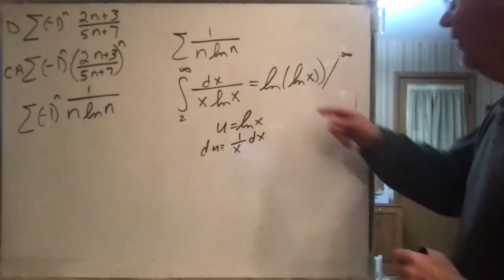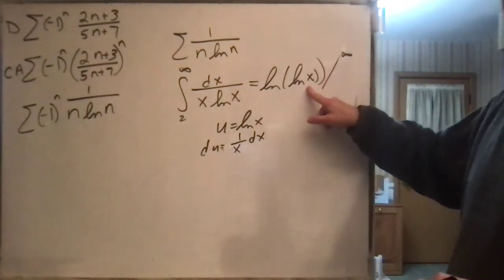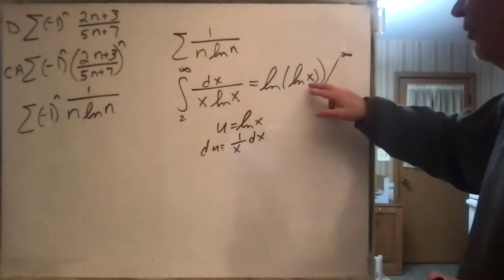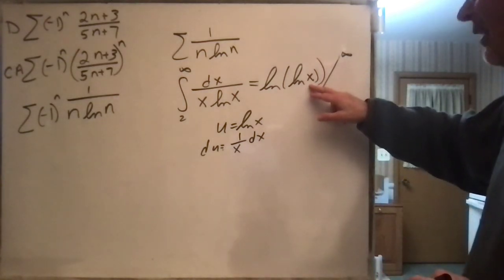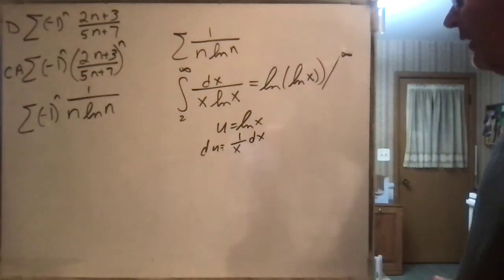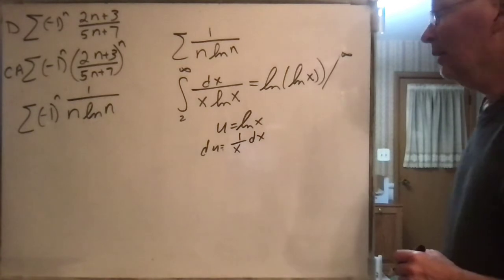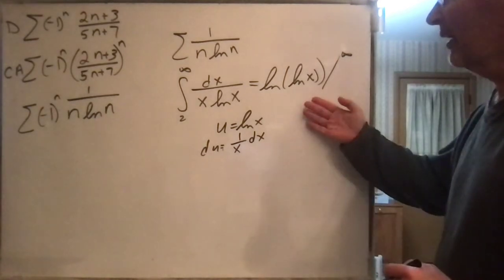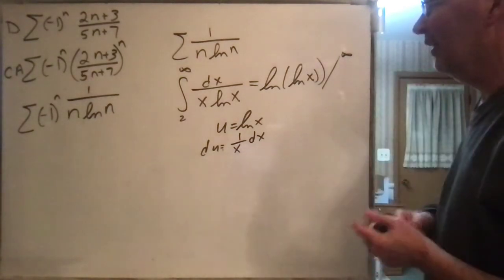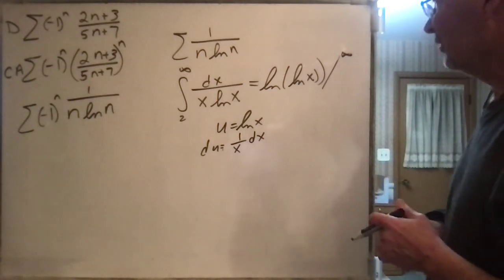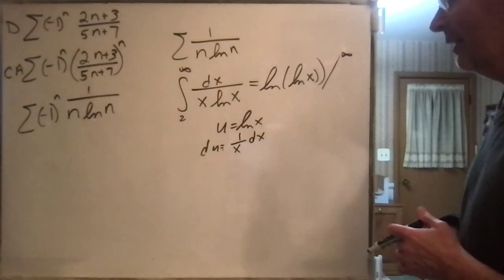You go off to infinity, and that thing is going to go to infinity very, very slowly. I think I mentioned this earlier on in the course, you put in as big a number as you can there, and by the time you take the ln of it, you're only at about 7 or something like that. So it grows very slowly, but that's the power of mathematics. We can still say it's going to infinity, even though our lifetime is a smidgen compared to the amount of time it takes that thing to get big.